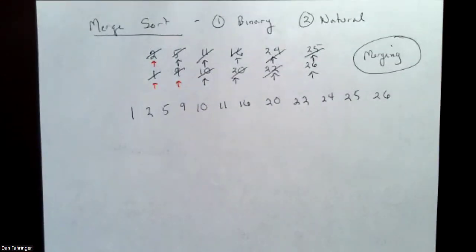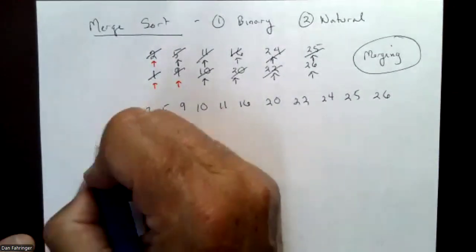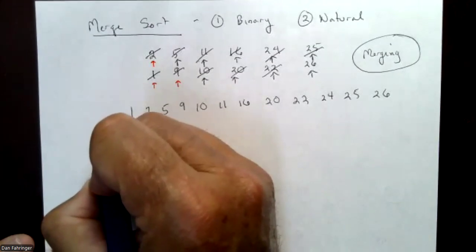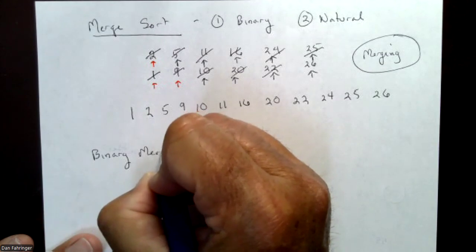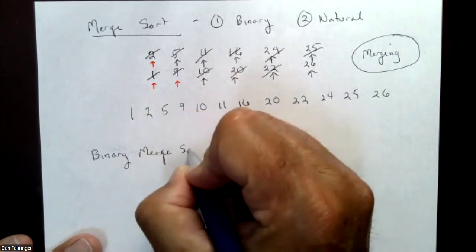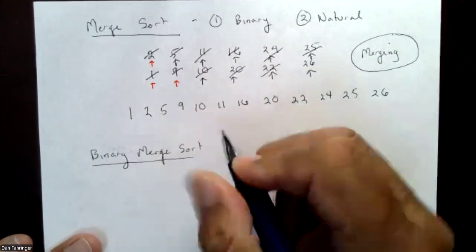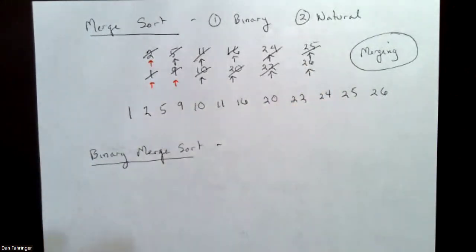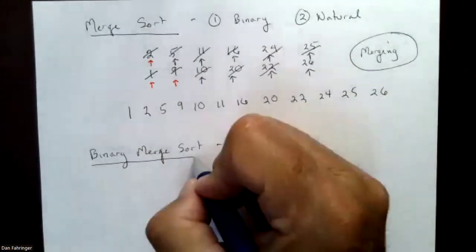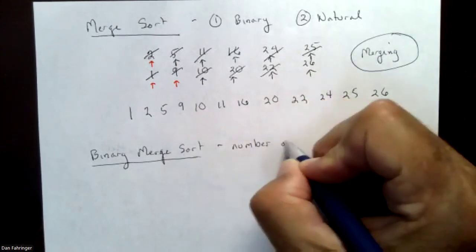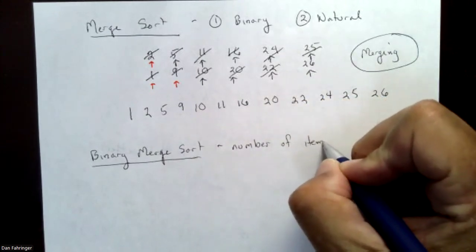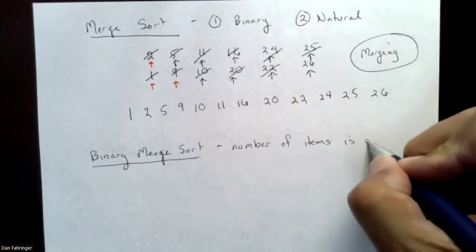When I think binary, I think base 2. So I'm going to get ready and we're going to talk about a binary merge sort. And the thing that I need to know, and the reason that it's called the binary is that the number of items is a power of two.